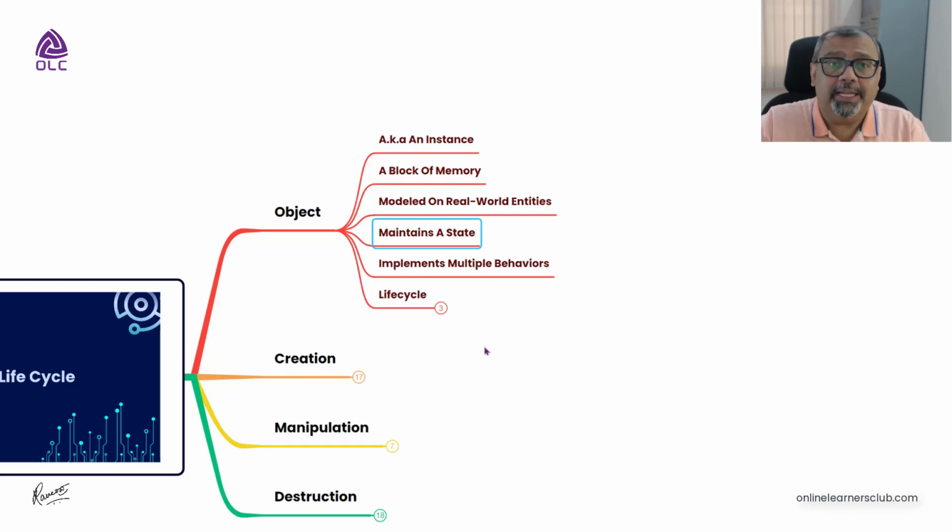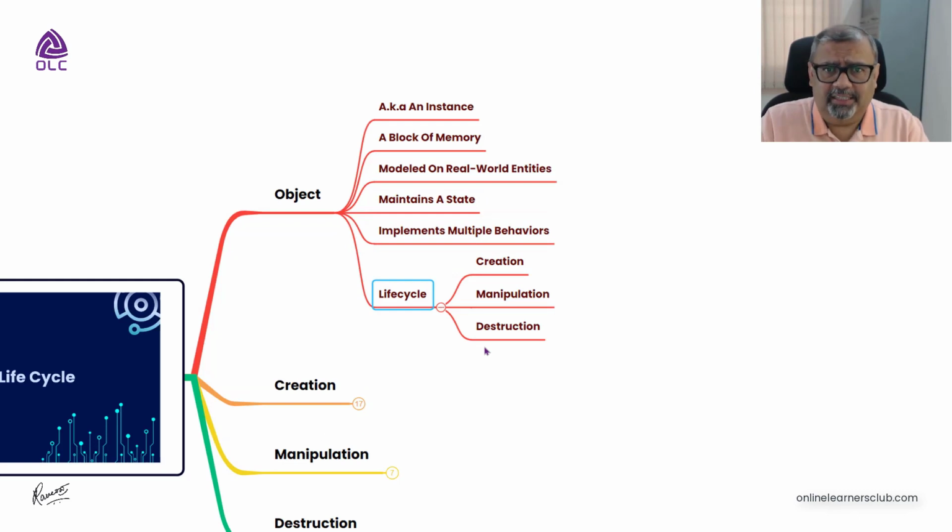For example, when we create a Rectangle object, we probably give a width and a height. That is the state of a particular object. An object also implements multiple behaviors. The various functionalities that are required to be exposed by an object are implemented using methods.